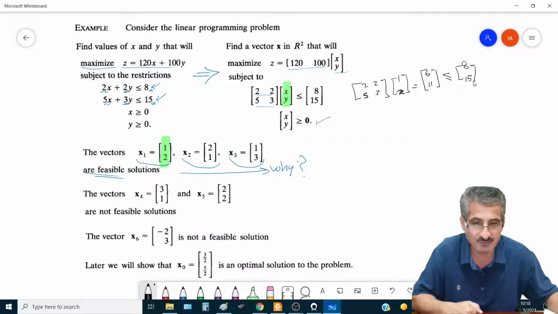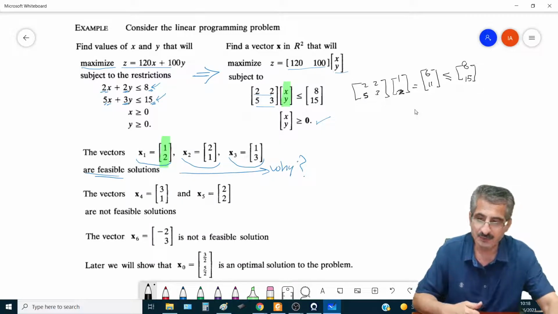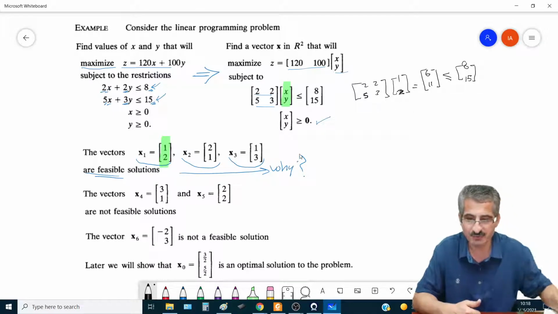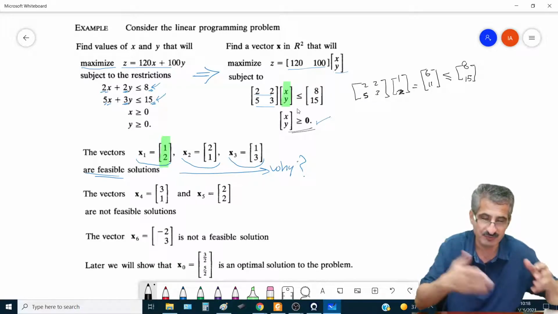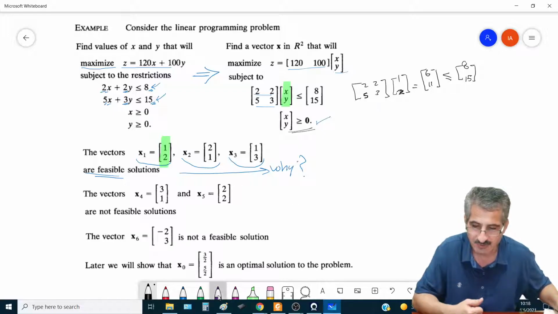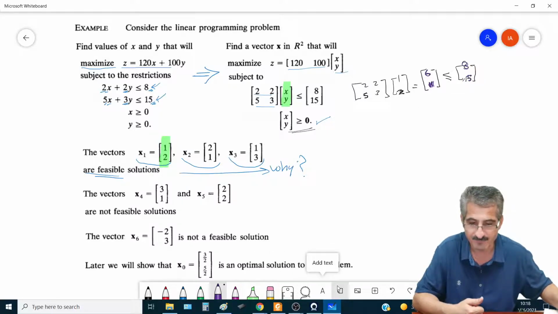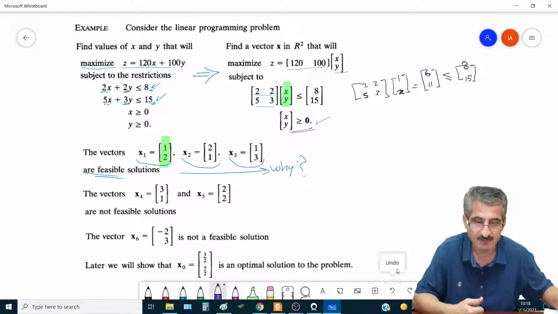Now I forgot to mention something. What do we mean by a vector being greater than 0, or a vector less than or equal to another vector? It means we compare the components. This component is less than this, and this one in here must be less than that. Let me write that in general.